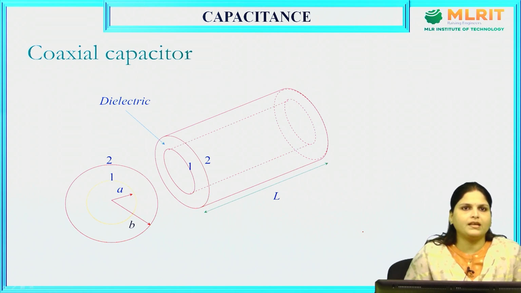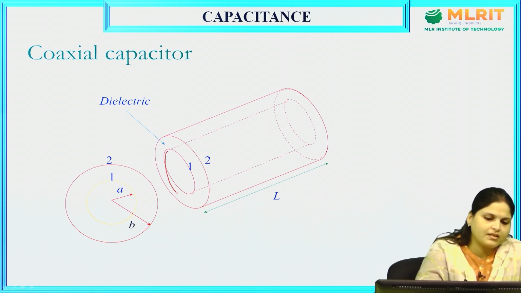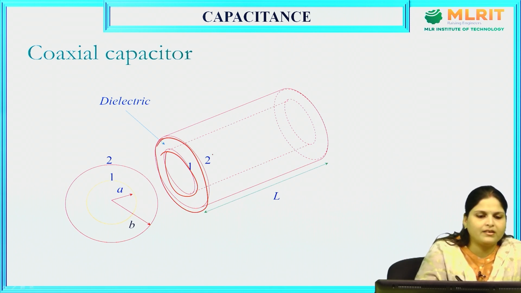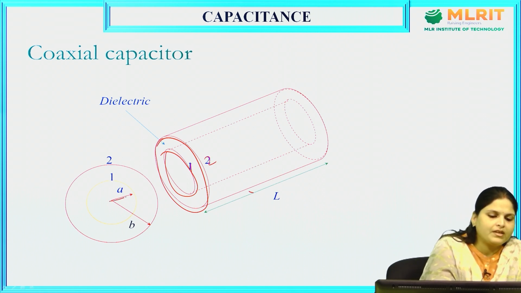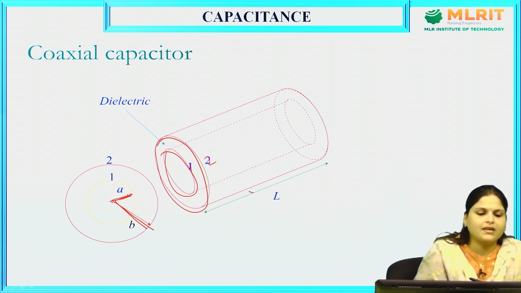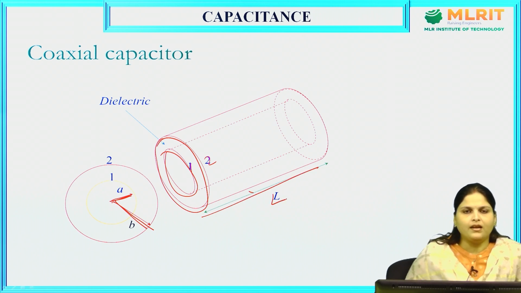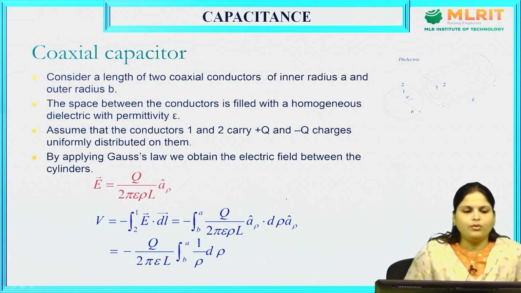Here you can see we have a coaxial capacitor. This is inner capacitor. This is outer one. So, in place of parallel plates, we are taking the form of a cable. This is first one, this is second one. If we consider the radius for first one, the radius is a, for second one, the radius is b, and the length of this is L. Now, let us see.